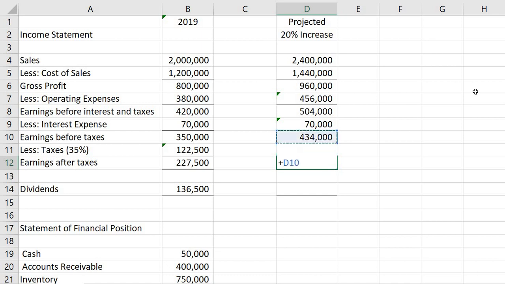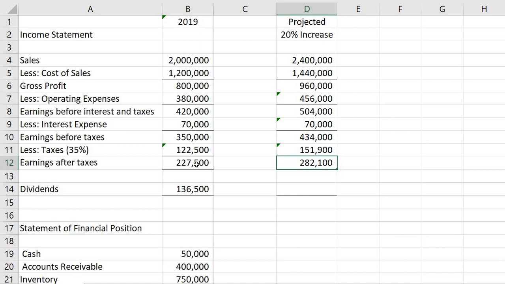After that, we can now compute your earnings after taxes. The amount is 282,100. Now, in this given problem, it did not say what the dividend payout ratio is. Meaning, out of the earnings the company has, how much will be declared as dividends and how much will be retained in the company, in the retained earnings.